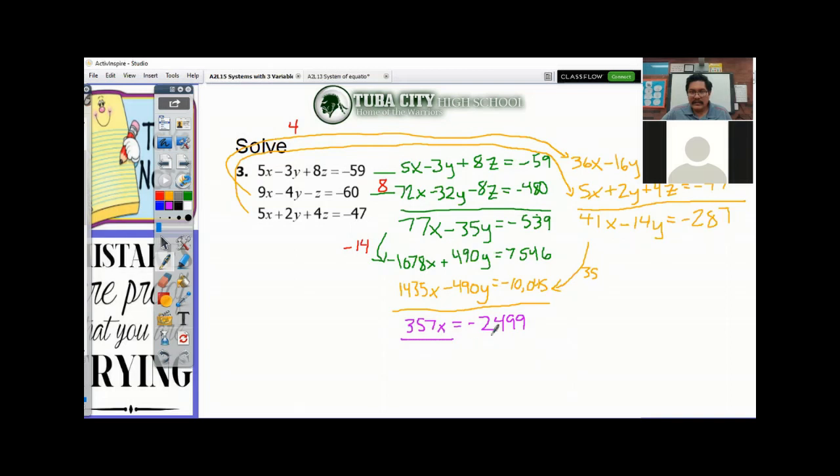Now I'm going to go ahead and divide both sides by x. 2,499 divided by 357. Okay, that's going to be -7. Oopsie.